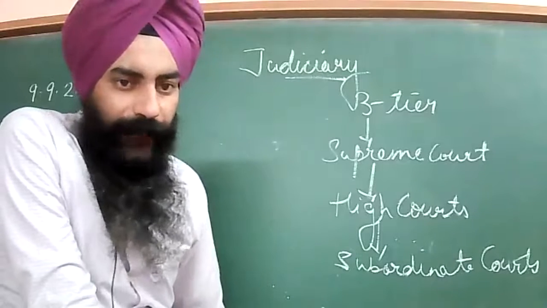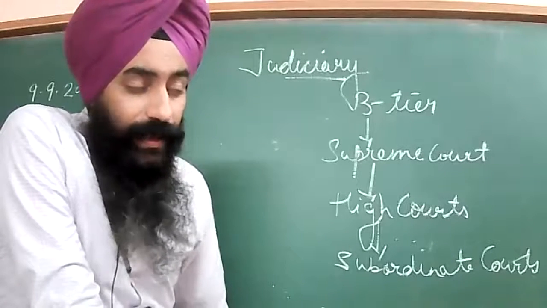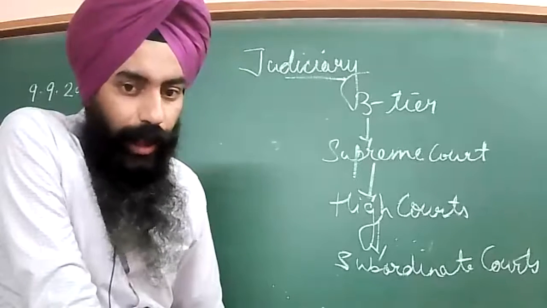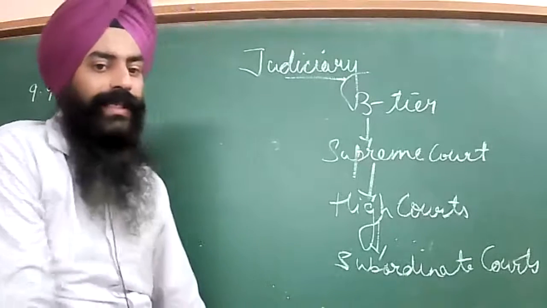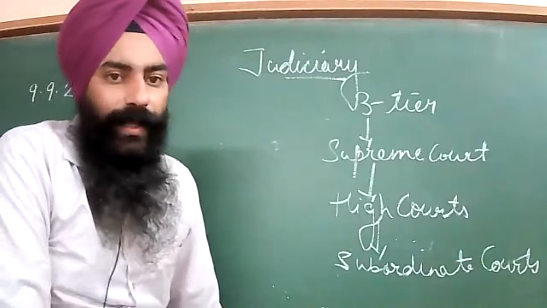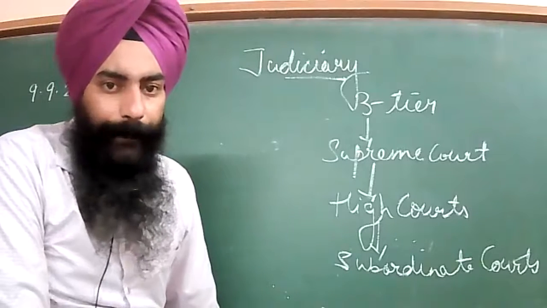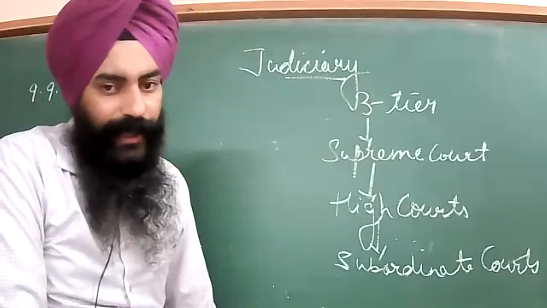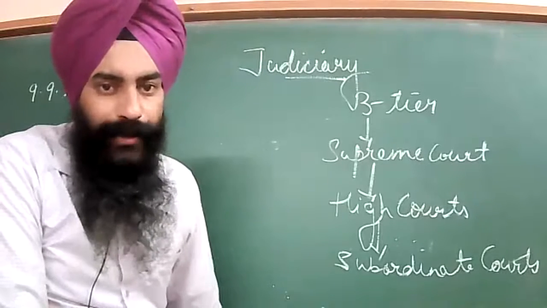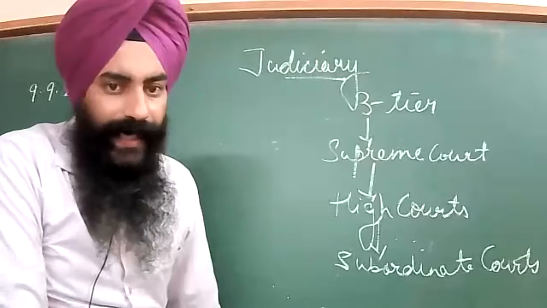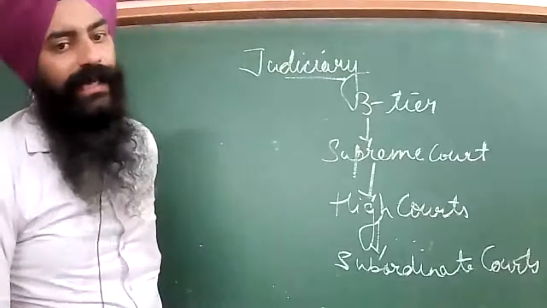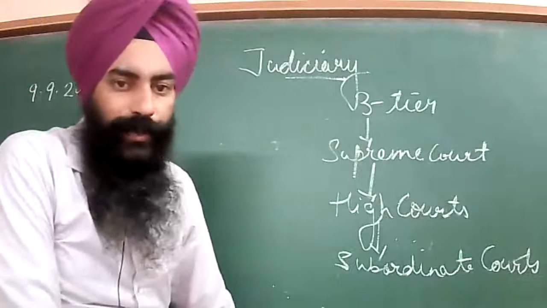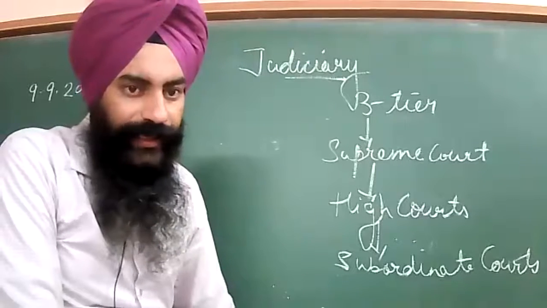If a good has been purchased by the consumer and does not function properly, it is the producer's responsibility to maintain that good under the warranty period. If the producer refuses to maintain or replace the good, a consumer can go to a consumer forum, the consumer courts. Clear? So these are the three levels of courts.